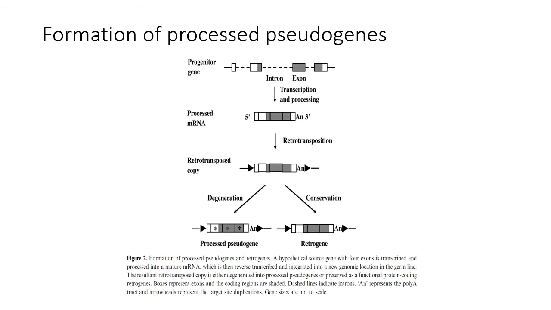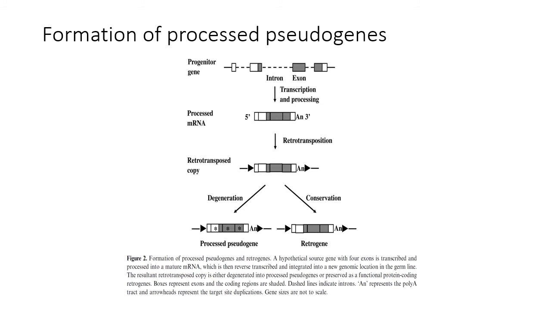So what happens here, if we are going to copy one of these mature RNAs by a reverse transcription type process, we are making a DNA copy of that RNA. So the DNA copy that we make is going to end up being a processed pseudogene after it gets delivered to a new chromosomal location. So these are recognizable.